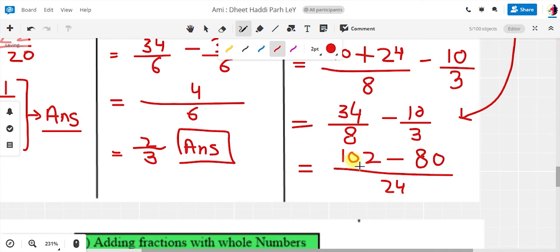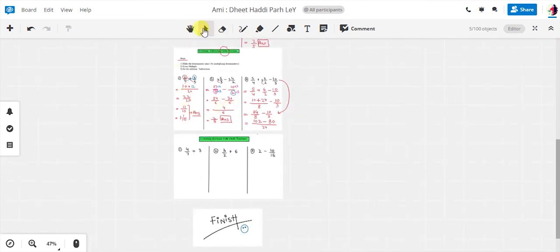Now see, when I take away 102 minus 80, my answer will be 22. But if I write 80 first and then 80 minus 102, my answer will be in the negative numbers. So this is the reason you have to be careful while writing your answers in the numerator. Got it? Okay, let me shift it down.